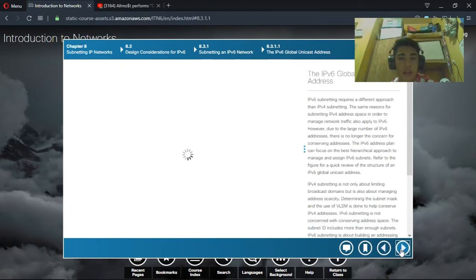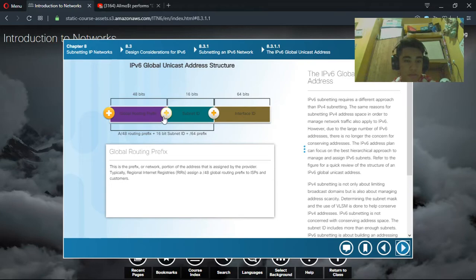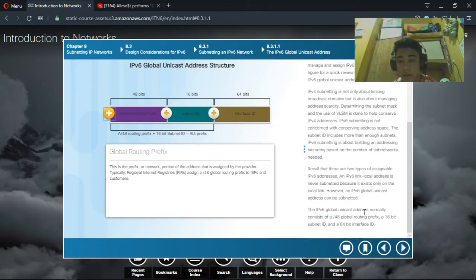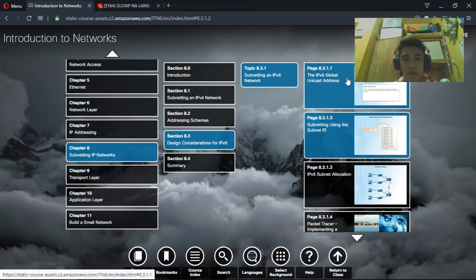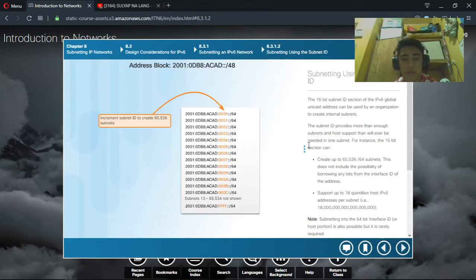Next is subnetting IPv6. The 16 bits are equivalent to the host portion. The interface ID is the host portion, and the subnet ID is used to subnet within the site. The global routing prefix is from the ISP. The address block is ACAD 0000.